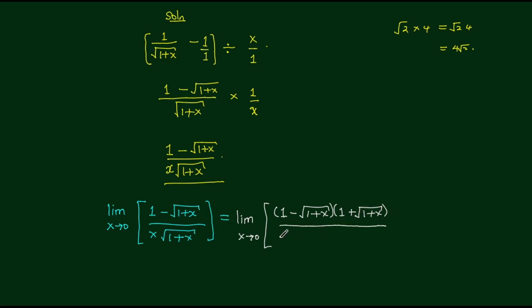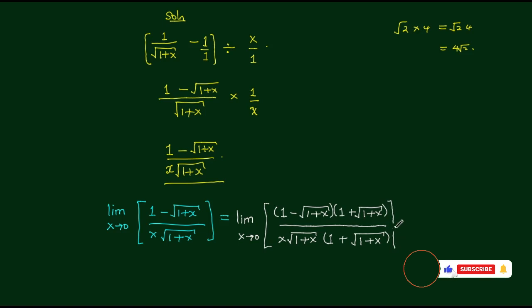So we have earlier on x under root of 1 plus x from the denominator, and this time I'm multiplying with the conjugate of the numerator, and that is 1 plus under root of also 1 plus x. So let's close this bracket and the main square bracket outside here.